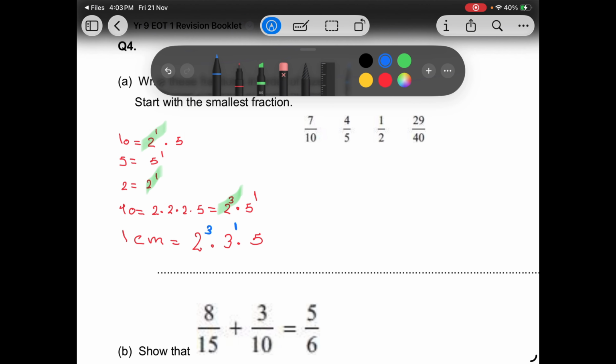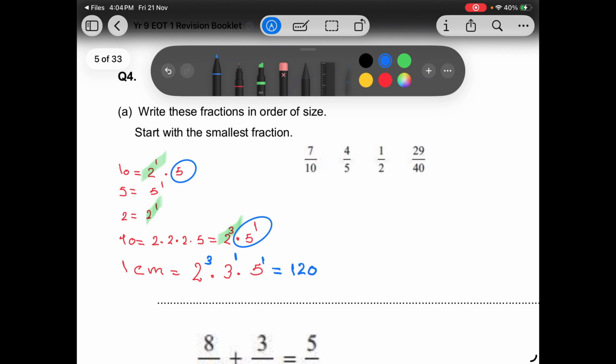And how many 5's are there? There is 5 to the power of 1, and again 5 to the power of 1, so what I need is 5 to the power of 1. If you multiply these together, it will be 120. This will lead us to the next step.